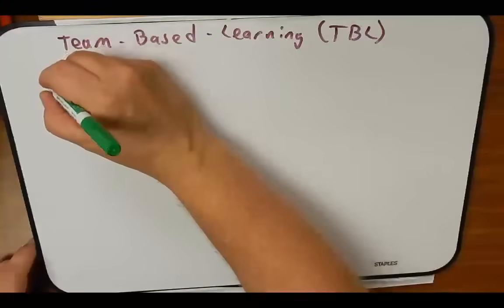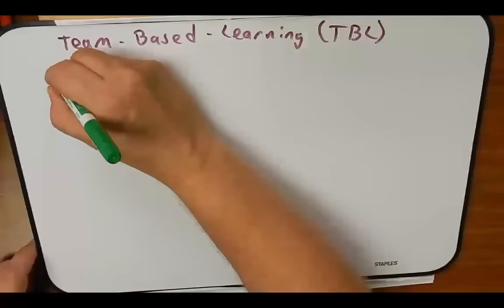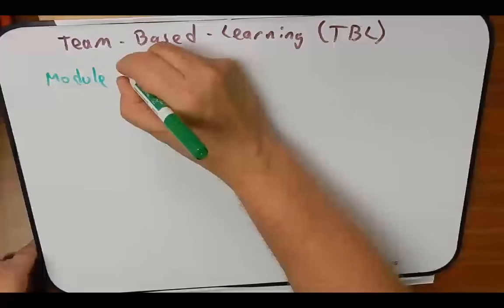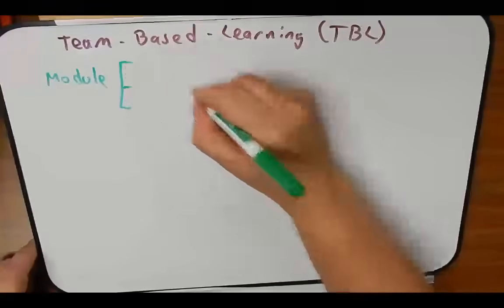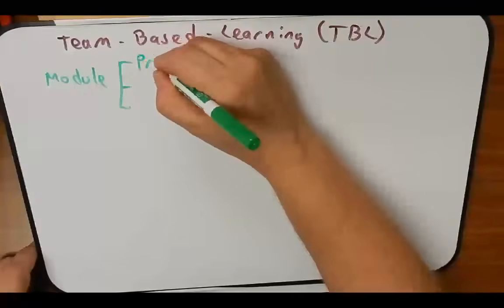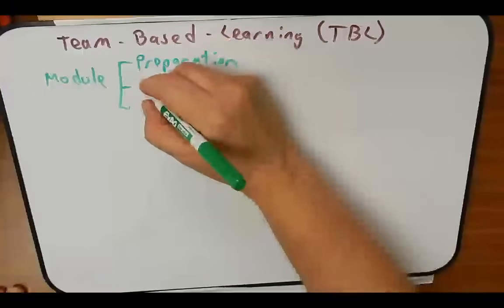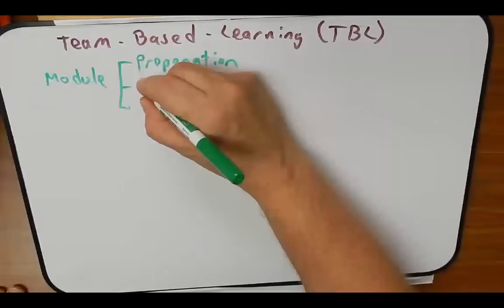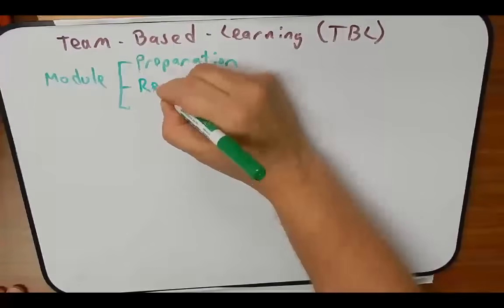Well, typically there are teaching modules. So let me write module here. And these teaching modules consist of 3 parts. The first part being preparation. The second part is a long term, but I'll spell it out here, though we don't really use this term too much in class.